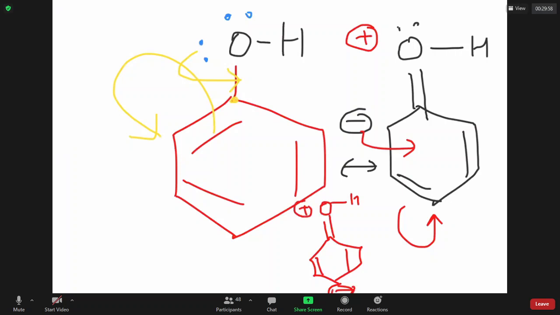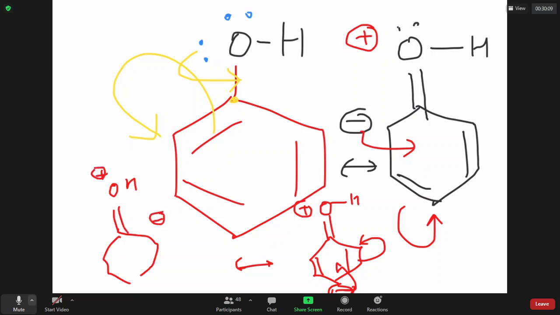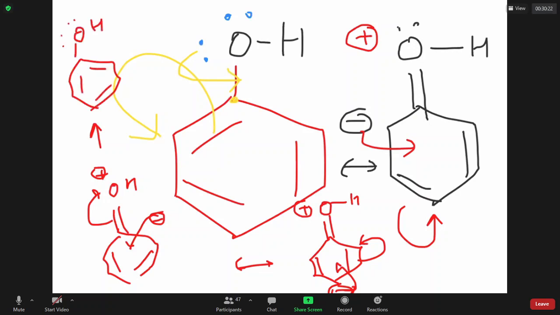If the minus charge comes here and the pi bond goes over there, in this canonical form also, oxygen continues to have a positive charge, but this carbon gets the minus charge. Finally, it comes here, it goes there. So you get a last canonical form where oxygen gets back its two lone pairs and the position of double bonds changes.